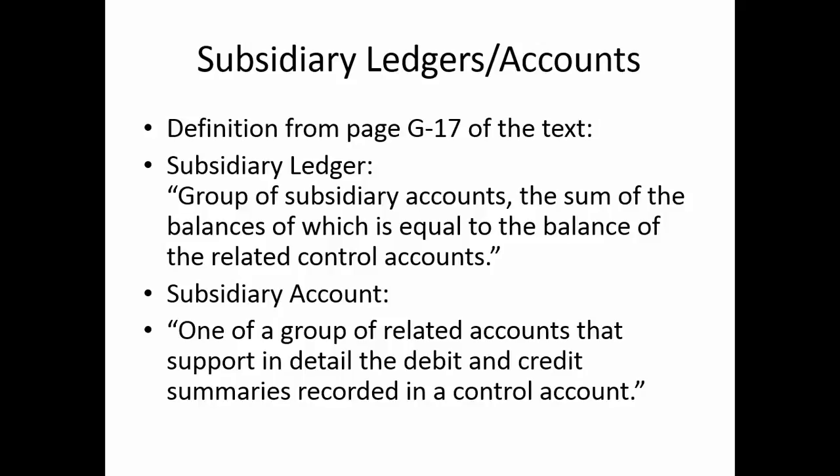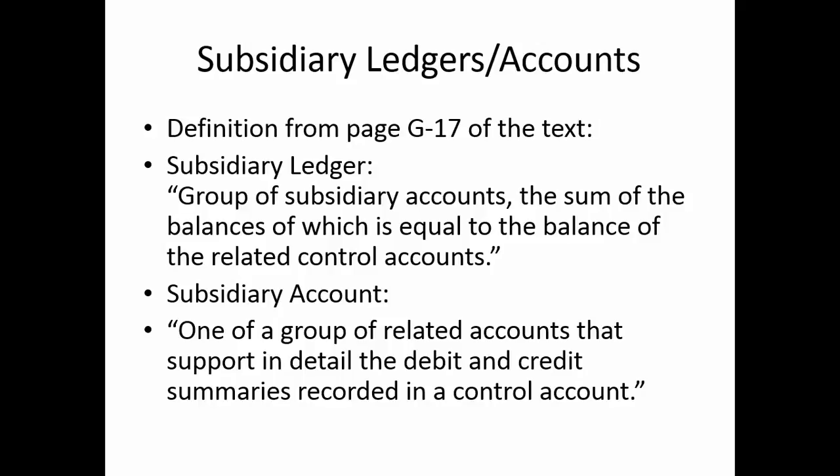Subsidiary ledger. The group of subsidiary accounts, the sum of the balances of which is equal to the balance of the related control accounts. A subsidiary account is one of a group of related accounts that support in detail the debit and credit summaries recorded in a control account.